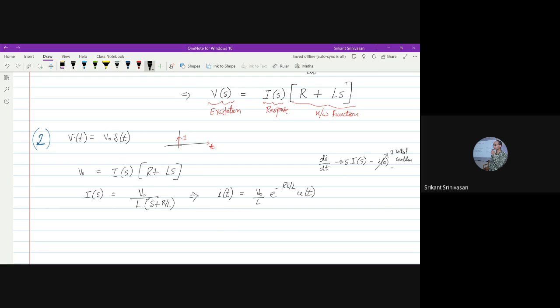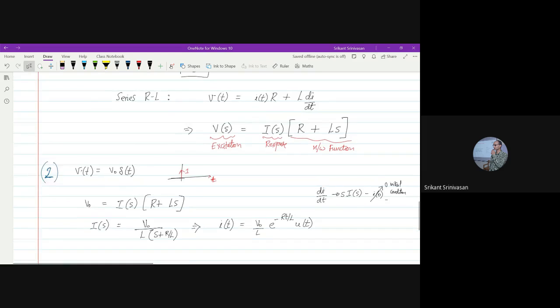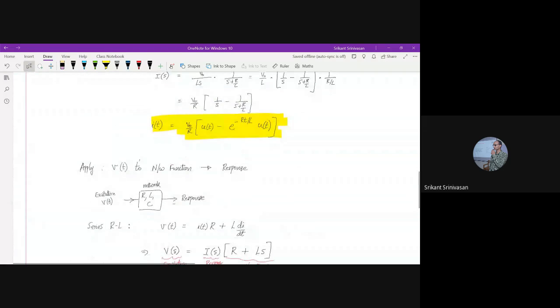So is this equation making sense? What do you think? Is anybody able to get an understanding of this equation? What exactly happened here? Let's go back to the circuit.